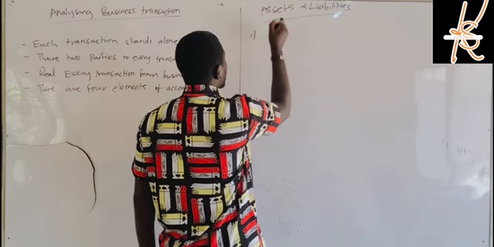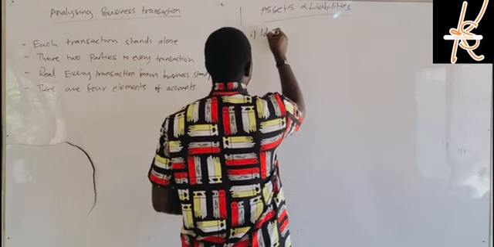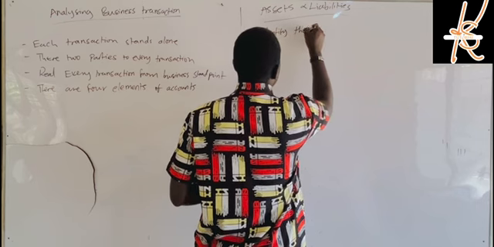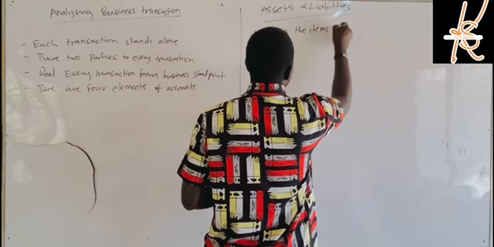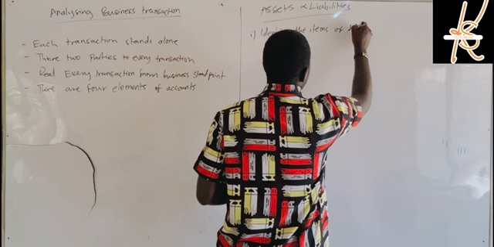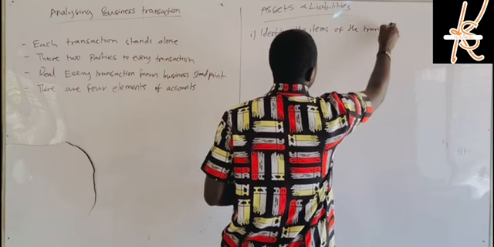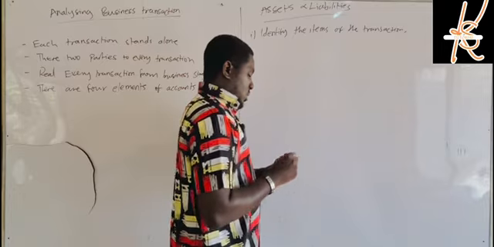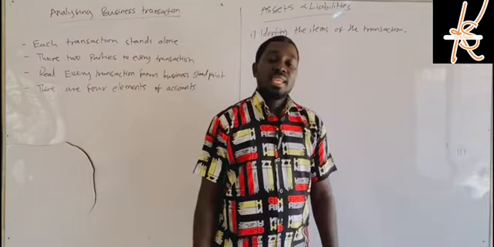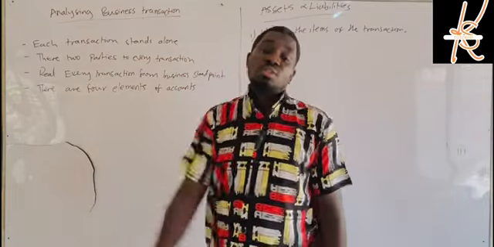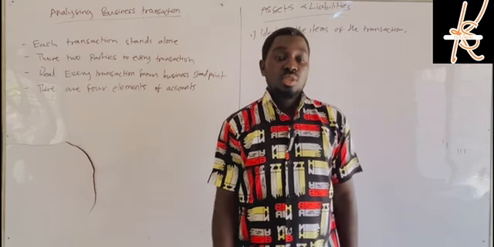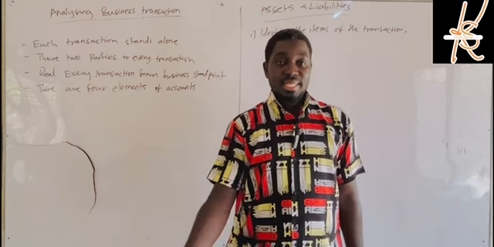One, we need to identify the items of the transaction, or let me say the parties of the transaction.